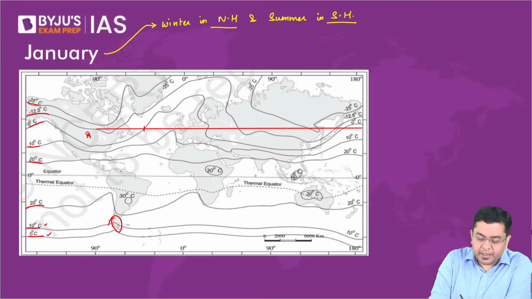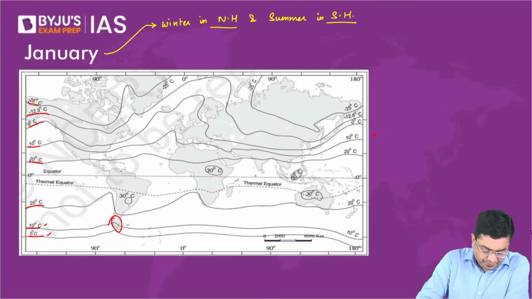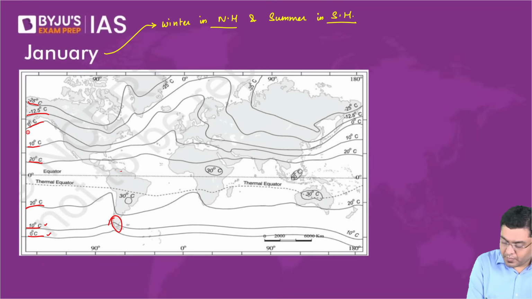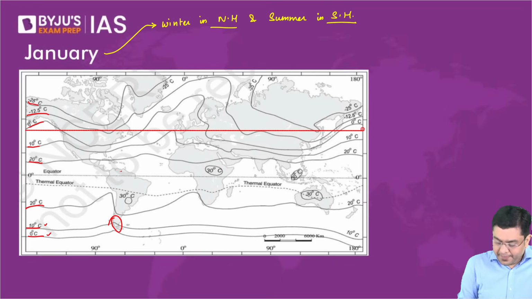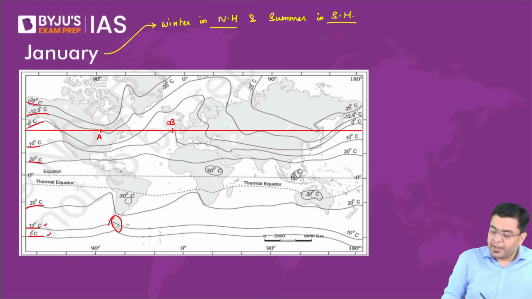So let me try to have a greater contrast here. Okay. Now, let's take this, consider this place as A. Let's consider this place as B.